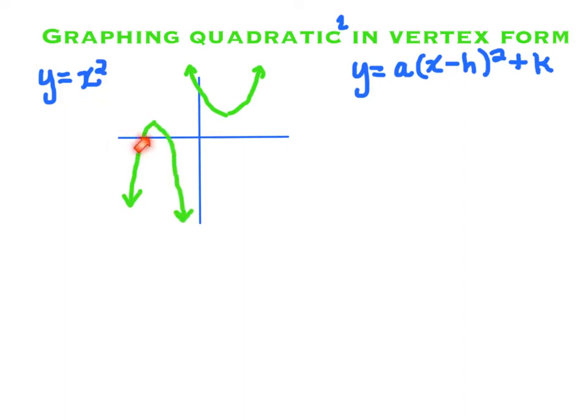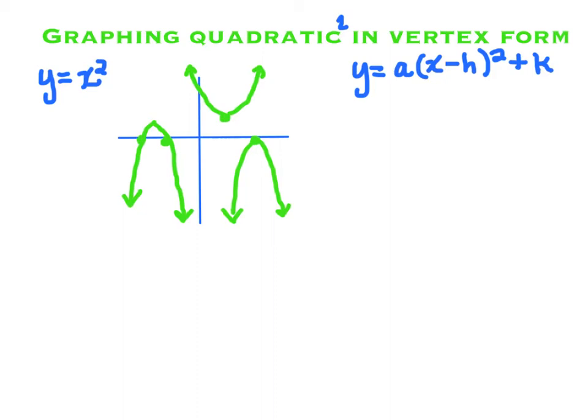They either cross the x-axis twice, they don't cross them, or I could even draw one where it crosses once. Right there, crosses there, doesn't cross at all. They all eventually will hit the y-axis. You can see this one's going to hit it right there. If this continues down and out, it's going to hit somewhere down here, and this one looks like it's going to hit way down here somewhere, but it will always hit the y-axis.